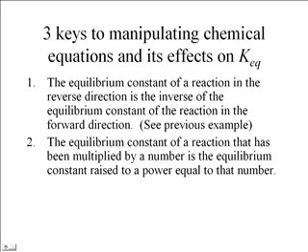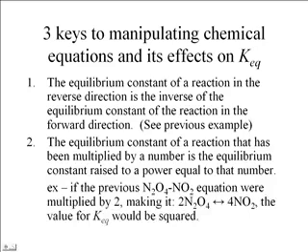This is kind of going back to Hess's law, where you can combine different reactions to make a new reaction, and you can make a new value for KEQ. In this case, if you multiply an equation by a certain number, you don't multiply the value of the equilibrium constant, you actually raise it to that power. So let's say you have to triple a reaction, you're going to take the equilibrium constant raised to the third power.